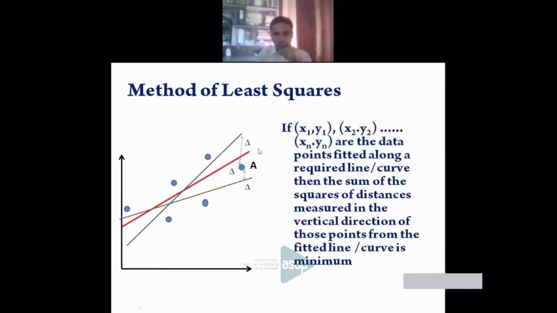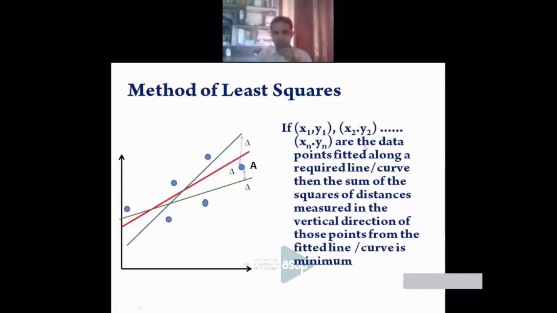It may not pass through every point, so there is going to be a small deviation or difference in your y values for every x on the line and the point. If you square the differences and sum them up, you get n possible lines, and the line with the least sum is the best fit line. This is what is called the method of least squares. That's what is defined here.